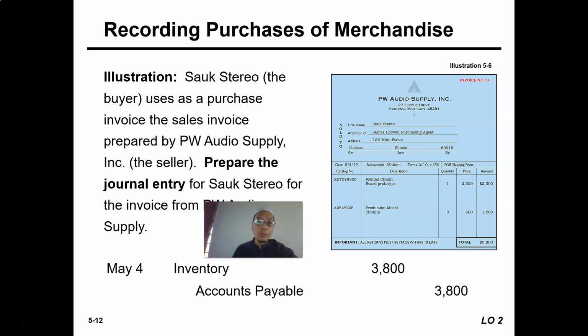So when they purchase the item, it is an asset to them because it is promising future benefit. We debit the inventory for 3,800, and because Sook Stereo bought the items by credit, we credit the accounts payable, which is a liability account.